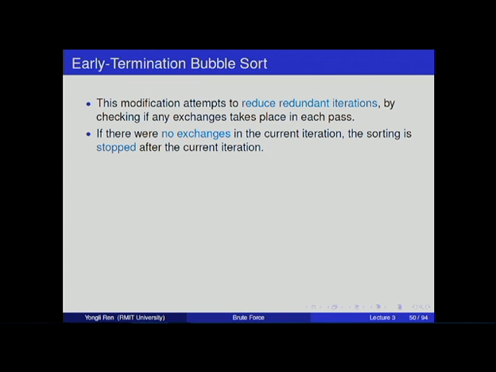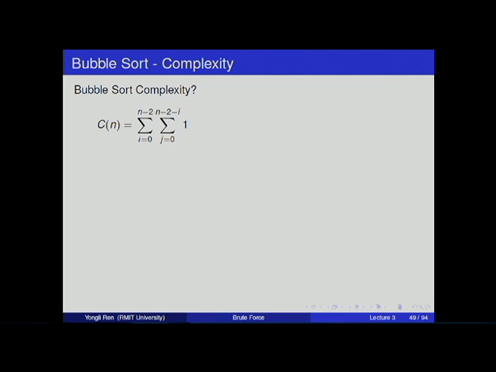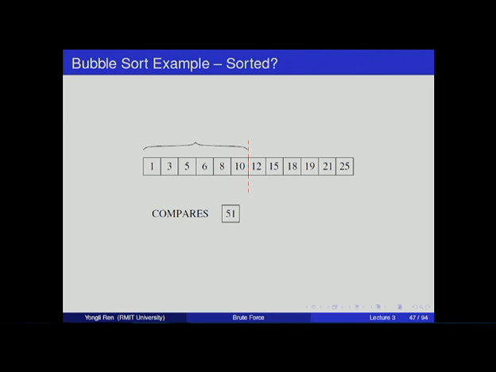Now we continue. If we go back to check this one, let me show you this one again. After we do a number of passes of the bubble sort, you will find that some part of the array is already sorted, even though you did not do the sort for them.